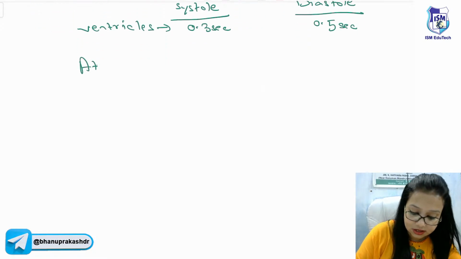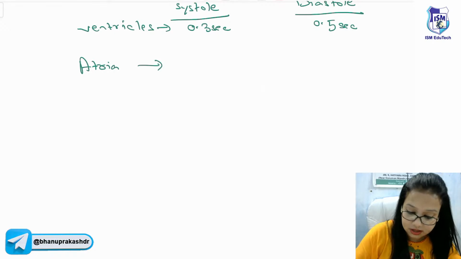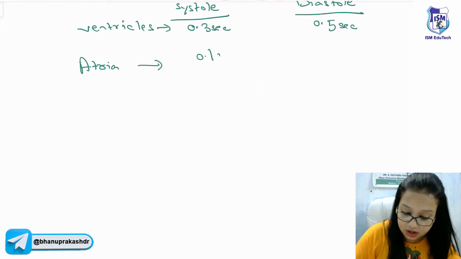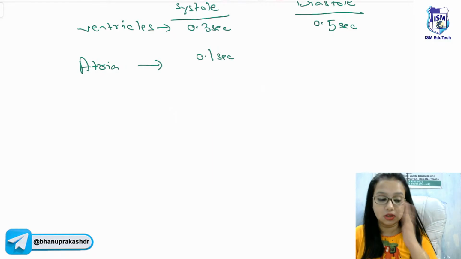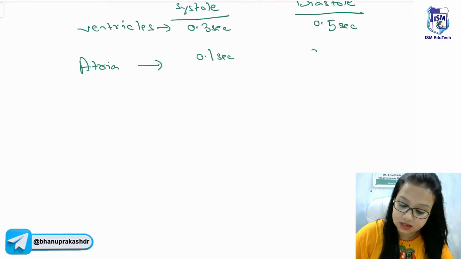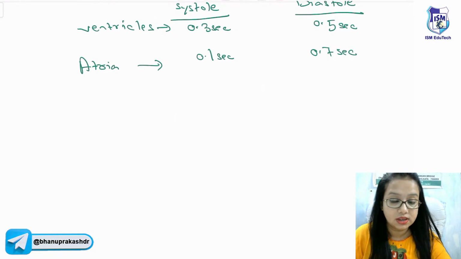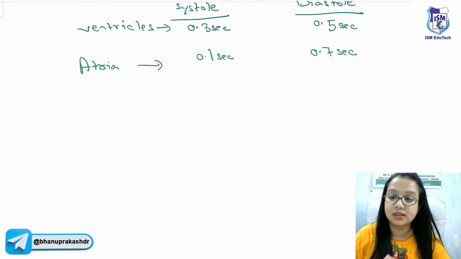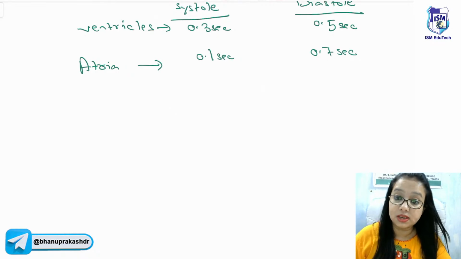Whereas the atria spend about 0.1 second in systole, the contracted stage, and spend the maximum duration in diastole, that is 0.7 second. So, this is what makes up the time for the cardiac cycle.